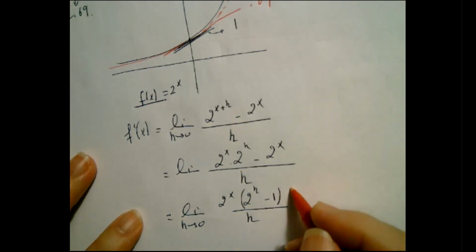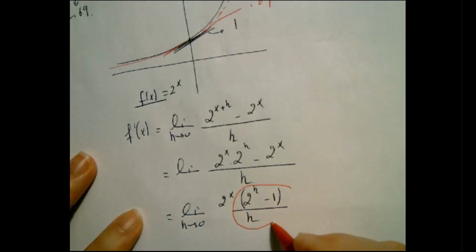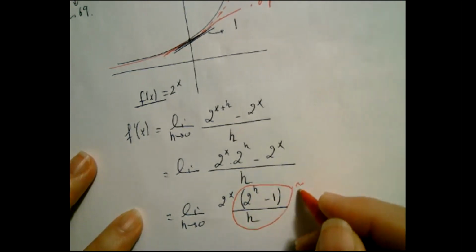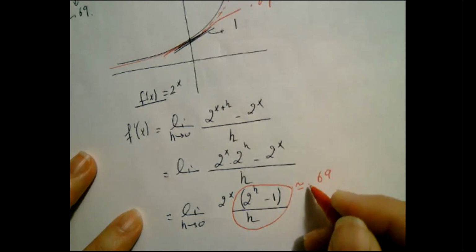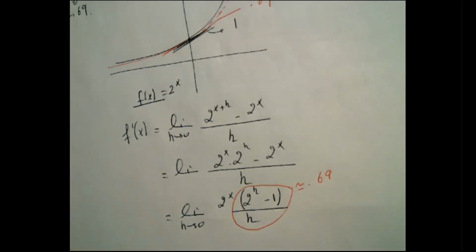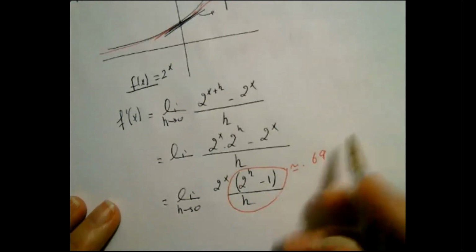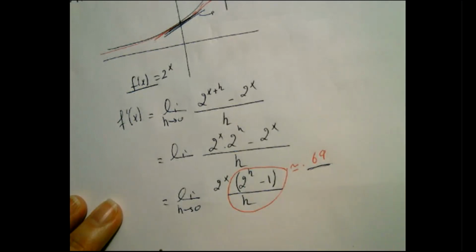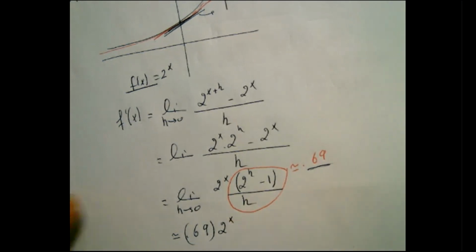And now this term is not 1 anymore. This term is almost 0.69. Okay, so I'm not finding exactly the derivative because I'm really approximating, but I give you the idea of what's really happening, why we will very soon find a real formula. So it's going to be almost 0.69 times 2 to the x.